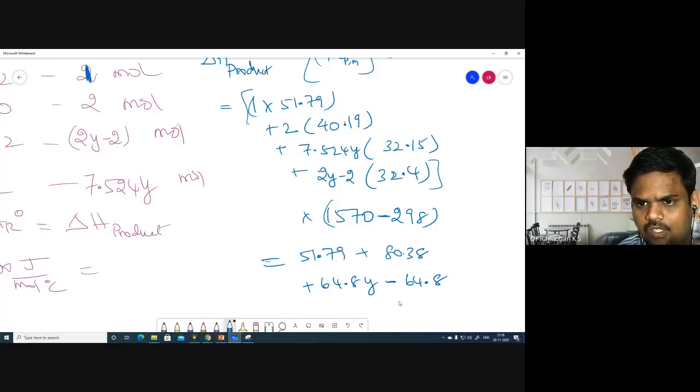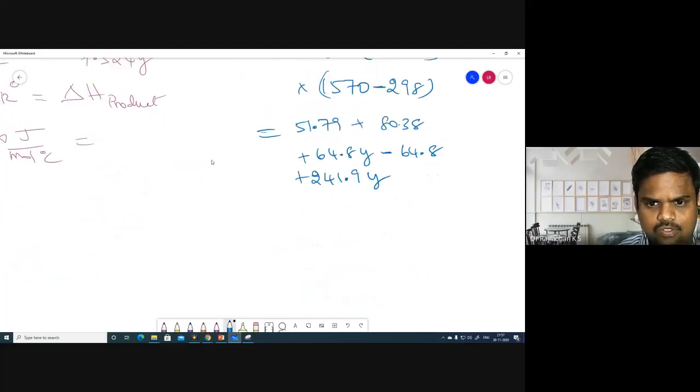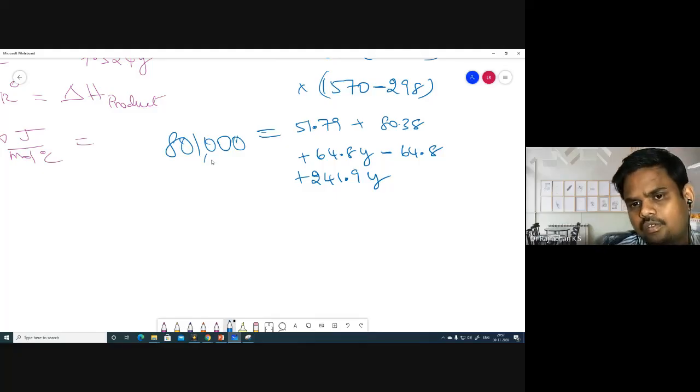So this is taken care of. 2 into 40 is taken care of. Then 32.15 into 7.524 is almost 241.9 into y. Multiplying, we get this equation, and all this is equal to this value, so we can write it as equal to 80100. Kilojoule was given, and we are converting to joule because this side it is joules per mole Kelvin.